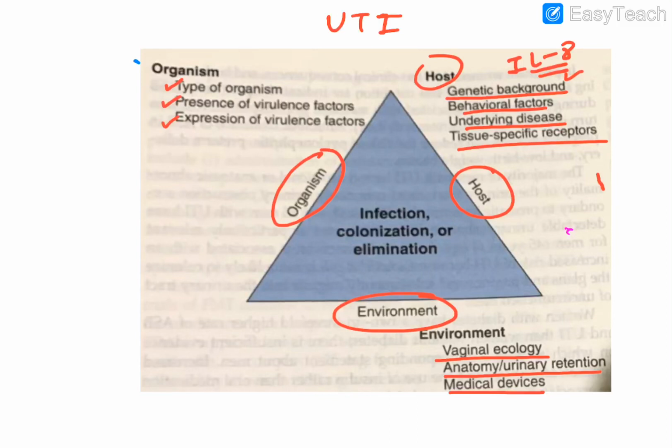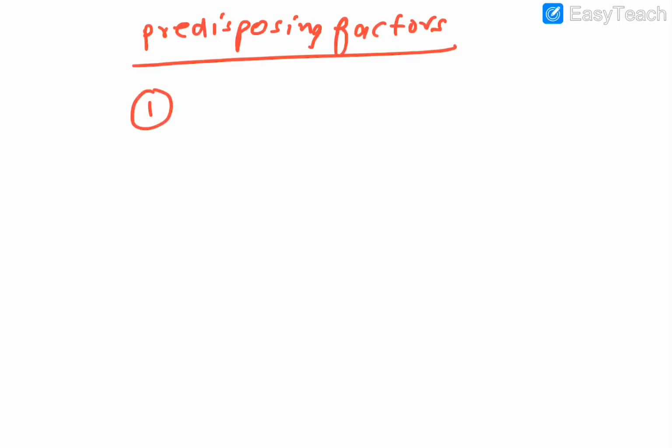Now guys, first of all we'll talk about certain important factors which we have just talked about, but in somewhat more detail, like what the various predisposing factors are. In these predisposing factors, the most important point is gender.